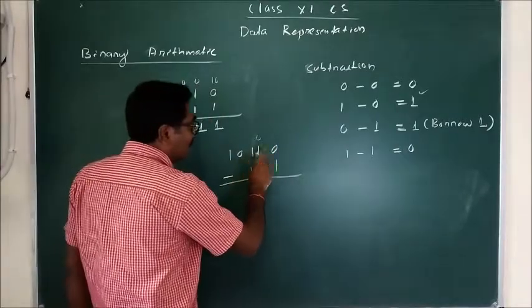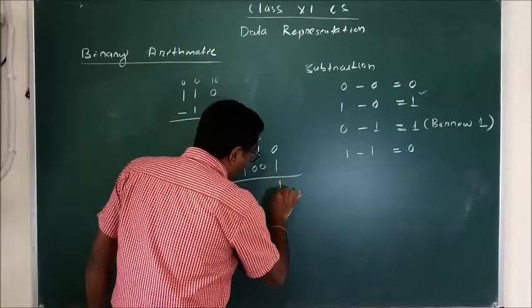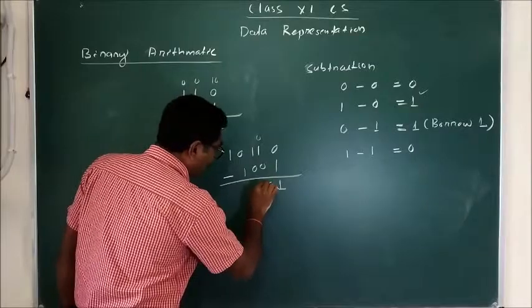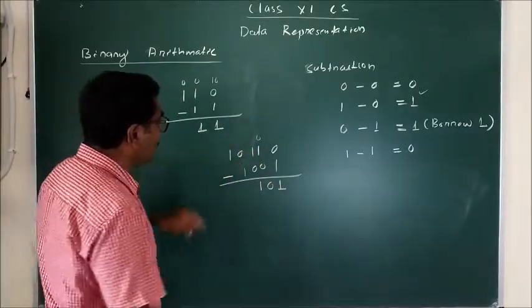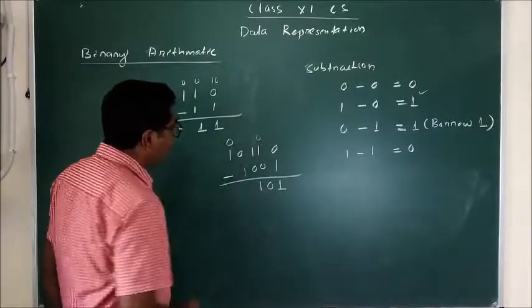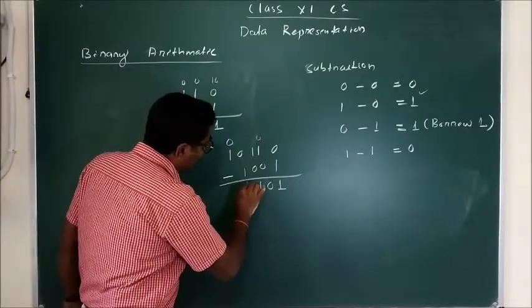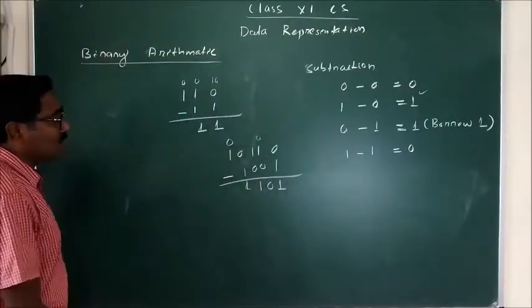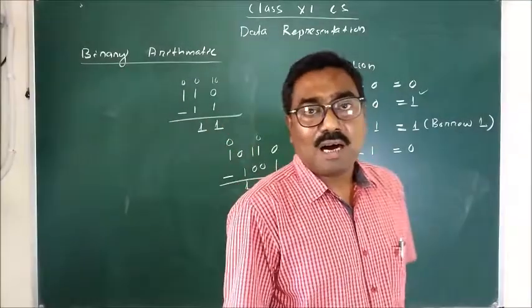Now the number is 1 0 over here. 1 0 minus 1 is equal to 1. Then 1 minus 0 is 1. Again 0 minus 1 appears, so we have to take a borrow over here. If we take a borrow, then this becomes 0. Now this is 1 0, 1 0 minus 1 is equal to 1, then this is 0. There is no value on the left side, so the number 1 1 0 1 is the output.